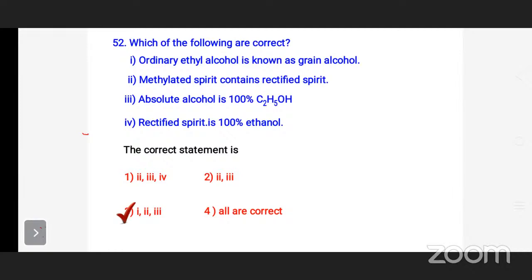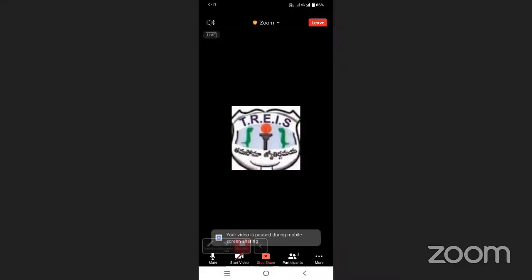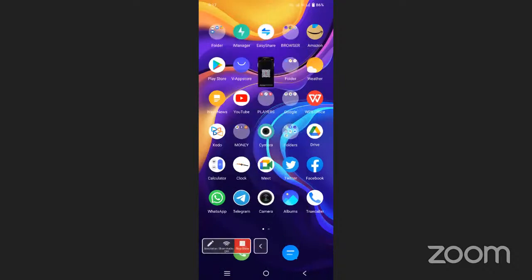Absolute alcohol is 100% ethyl alcohol. So above 1, 2, 3 are the correct statements.